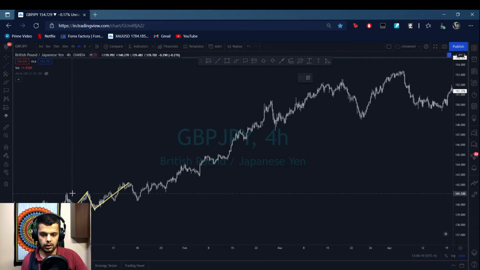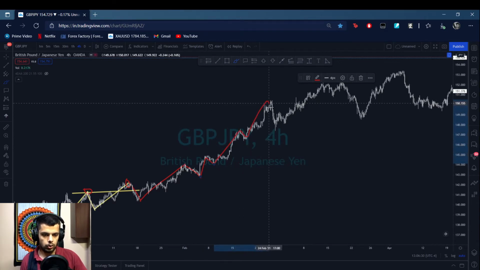Basically it breaks this level, because earlier over here it made a higher high at this point, and the other higher high is over here. So it makes a higher low over here, then a higher high, a higher low, a higher high, a higher low, and so on. So yeah, this is how you spot a trending market.